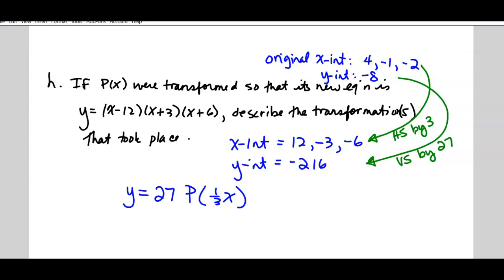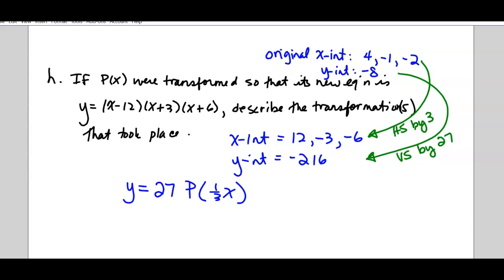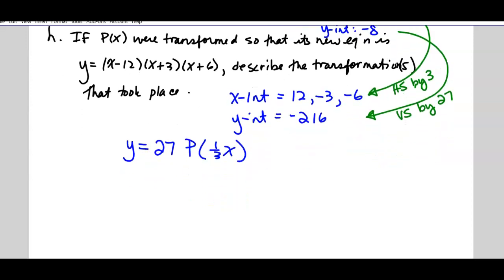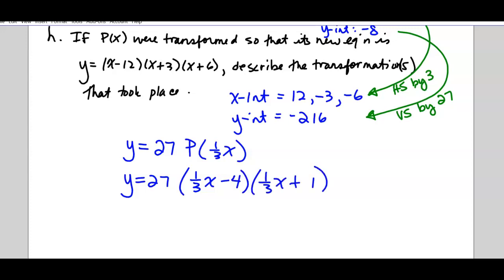Substitute that in and see that you get this. So we're going to have 1/3 x minus 4, then 1/3 x plus 1, and then 1/3 x plus 2.